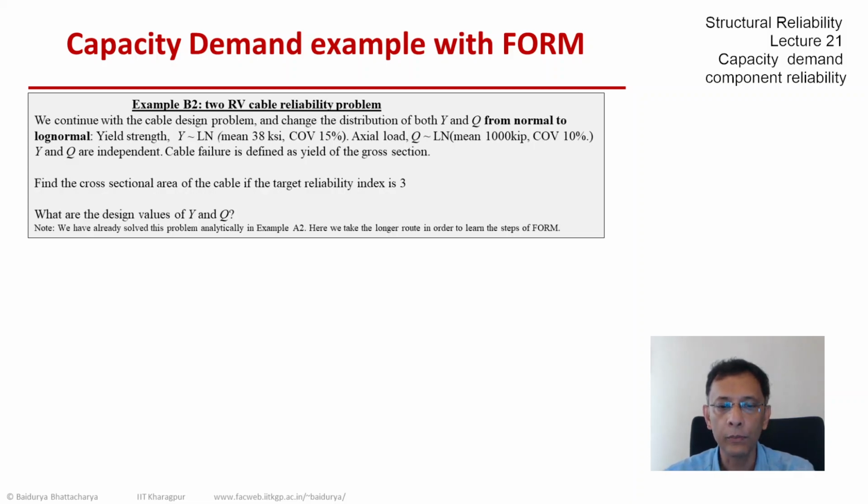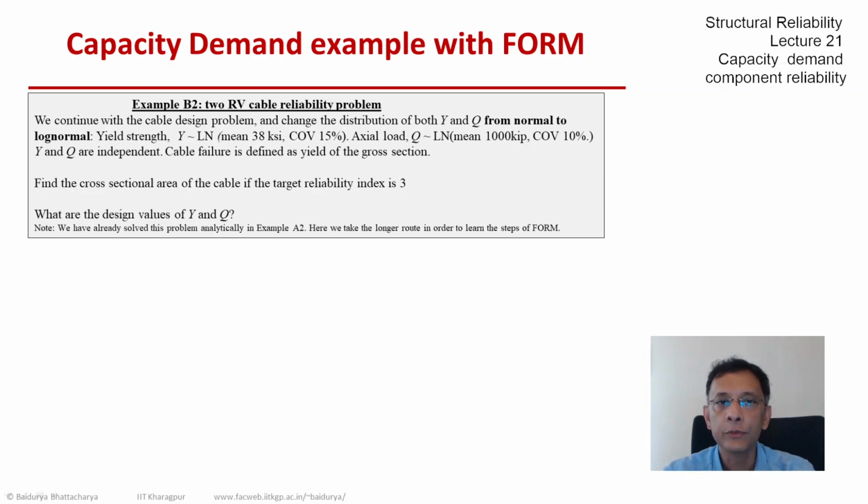The next problem we solve with FORM is one that we have looked at before, which was called example A2 earlier this week, but we are now going to solve it with FORM and go through the steps.